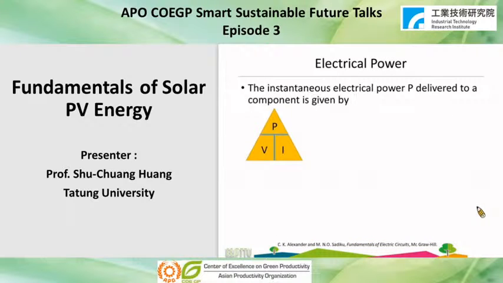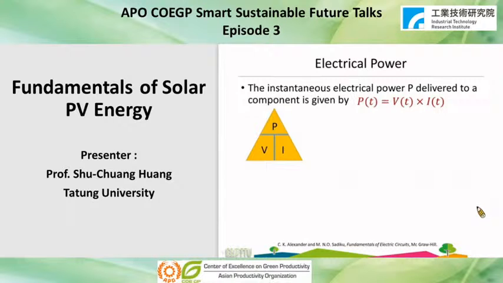But in our system, we are more interested in the electrical power. And typically, we can calculate the electrical power by using this power, voltage, current triangle.